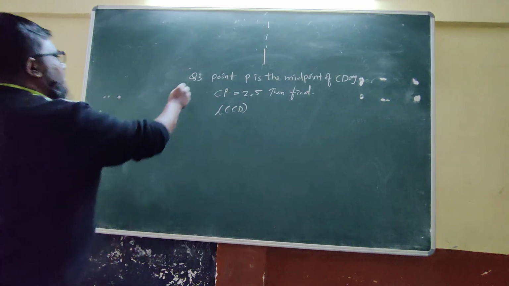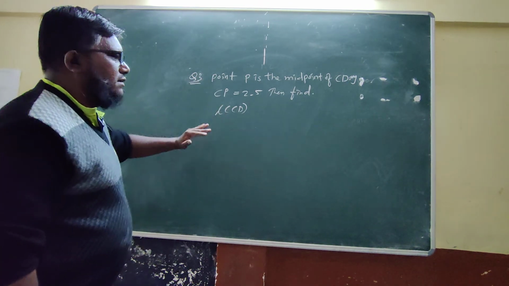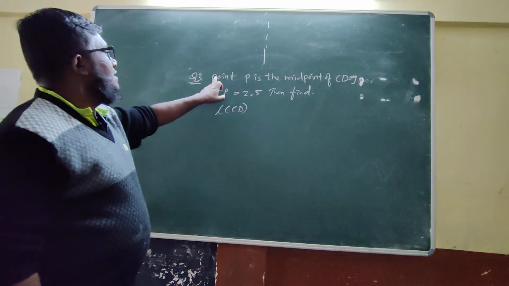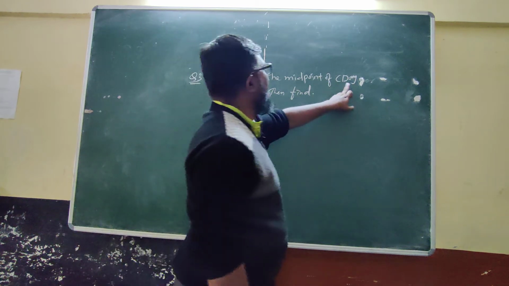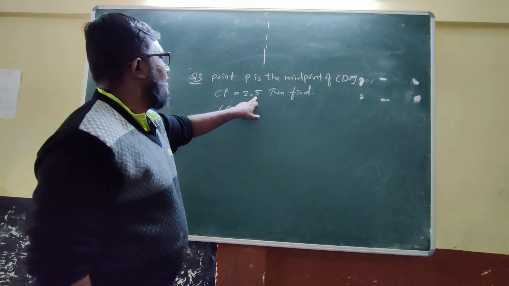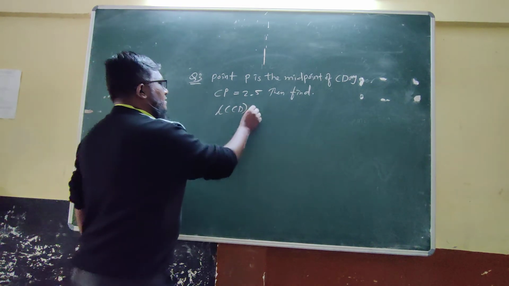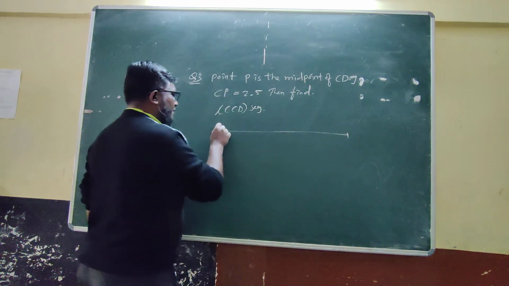Now, the third question of exercise number 1.2 is somewhat similar, but we have to take the sense of this formula of midpoint. Point P is the midpoint of segment CD. If CP is 2.5, then find the length of segment CD. First of all, for understanding, we have to draw the segment CD.